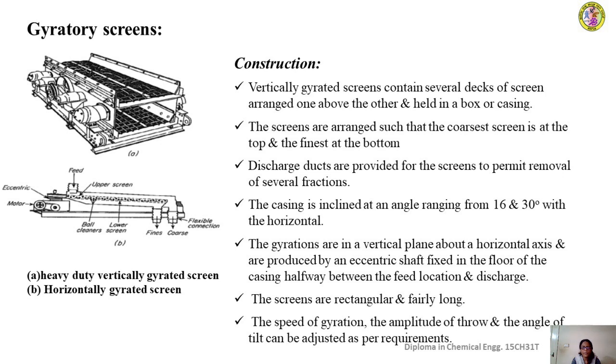In that way, these are much more flexible industrial screens compared to the ones we discussed in earlier sessions. In the figure, the top one is the vertically gyrated screen, the bottom one is the horizontally gyrated screen. So that is about the construction.